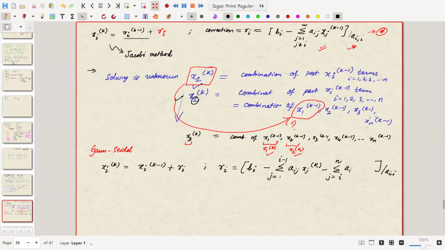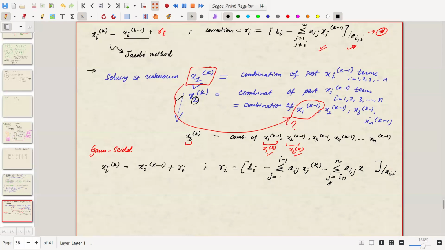Yes. And then what you do, aij? I plus 1. Oh, yes. Good observation.